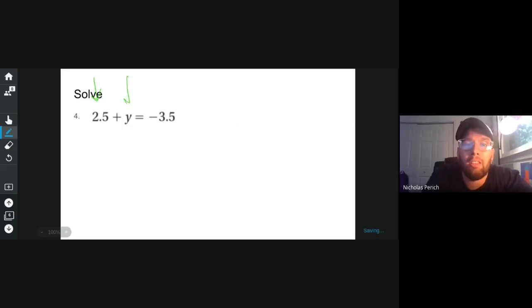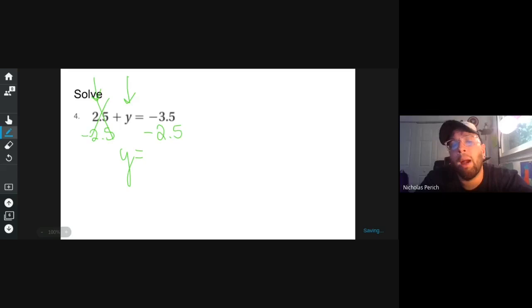Y is not by itself because a positive 2.5 is in the way. How do I get rid of a positive 2.5? Subtract 2.5. Make sure you do it to both sides. Cross that out. Drop down the Y. Here's my equals. Negative 3.5 minus 2.5.